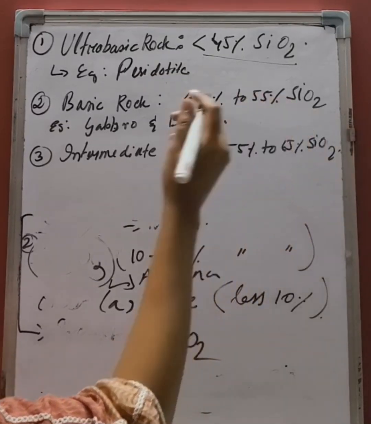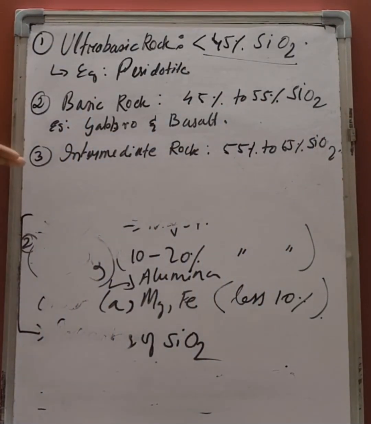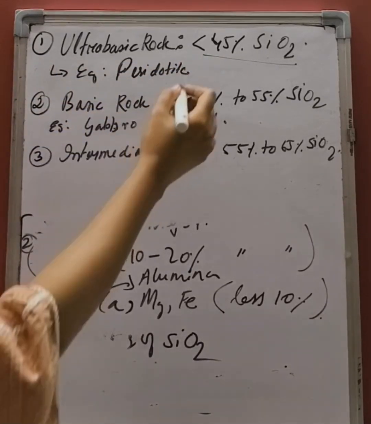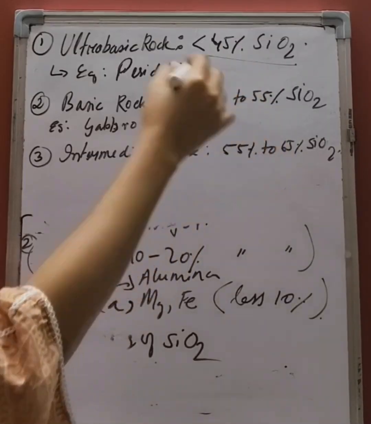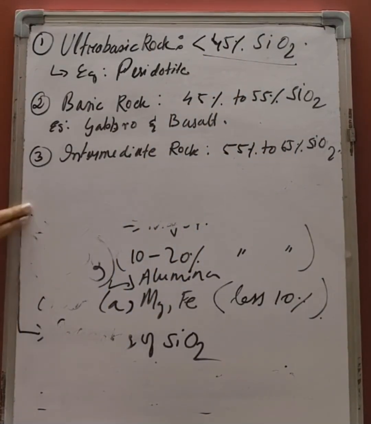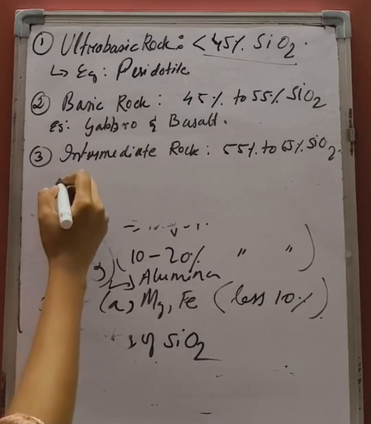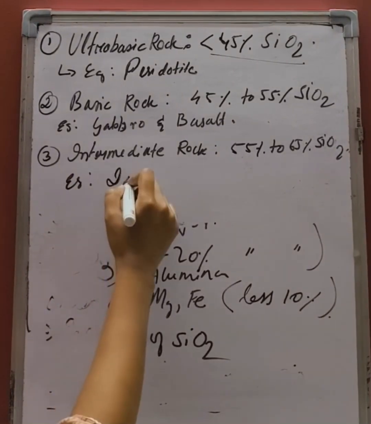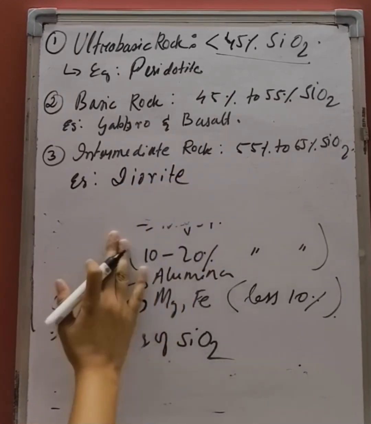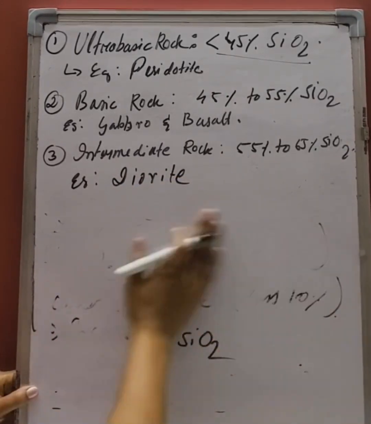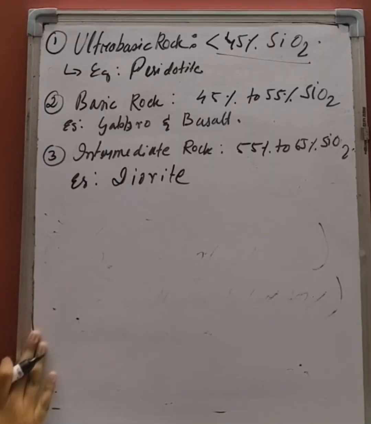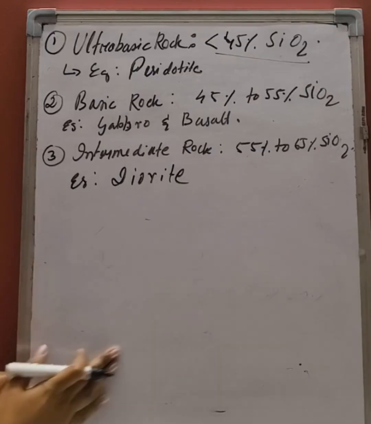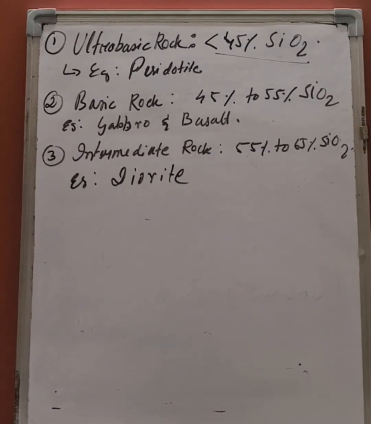What we are seeing here is that as we go from ultrabasic to basic, and basic to intermediate, the percentage of silica is increasing. One example of intermediate rock, the most usually used, is diorite. We will study these types of rocks separately in further videos: what dioritic rock is, what gabbro is, what basalt is, and how those rocks were formed.